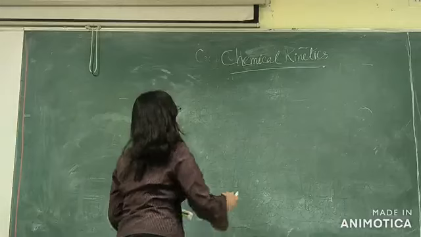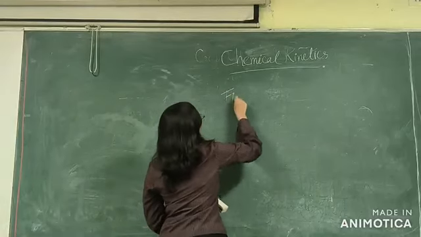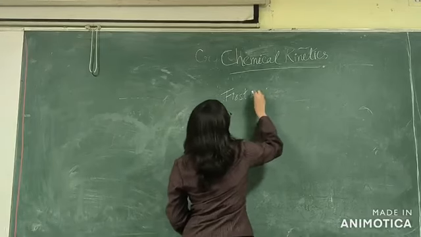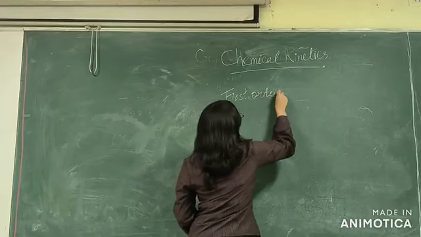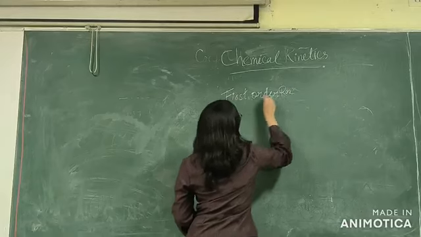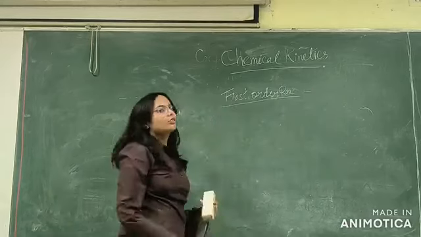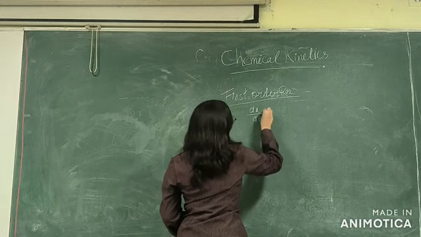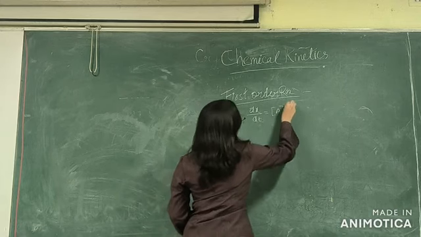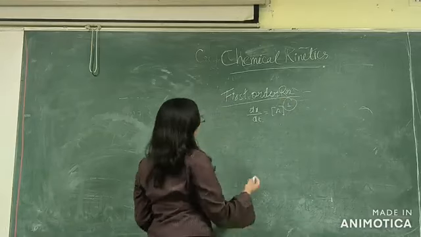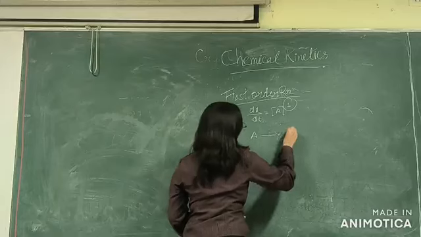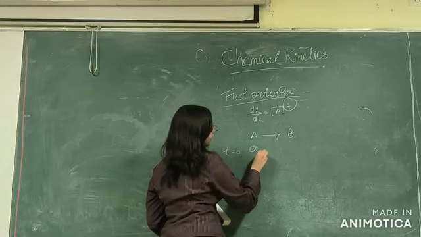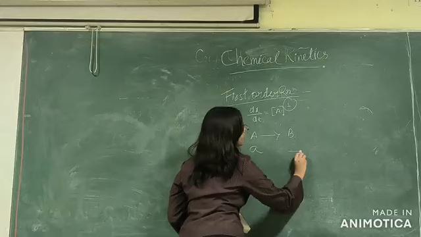Now let us move towards the first order reaction. It is the same concept, but here dx by dt is proportional to A to the power 1 because it is a first order reaction. Now we will consider the reaction as usual A gives B. At t equal to 0, let us consider that A is the amount present, and obviously there is no product.